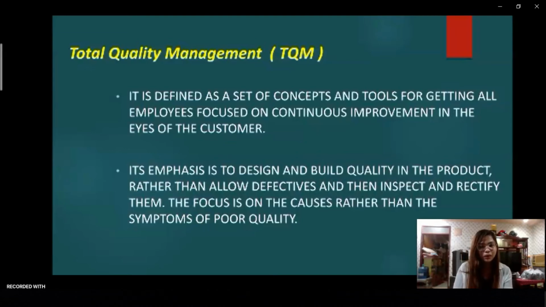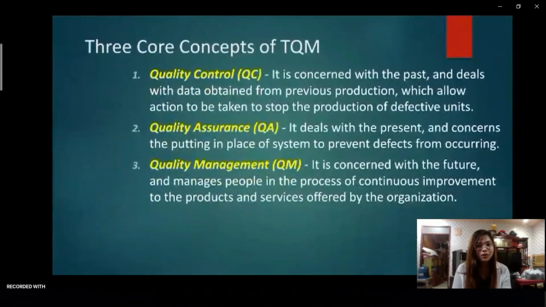To simplify it, TQM is more focused on how to prevent the production of defective units rather than to cure the symptoms of poorly produced products. So these are the three core concepts of TQM. First is quality control.